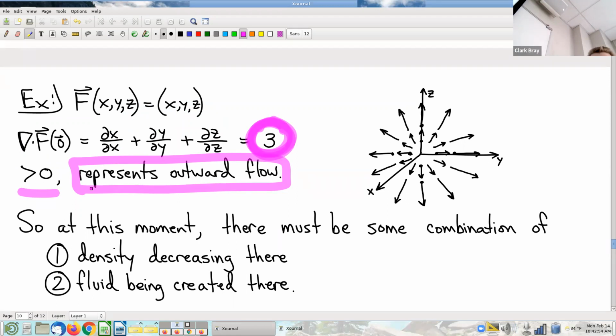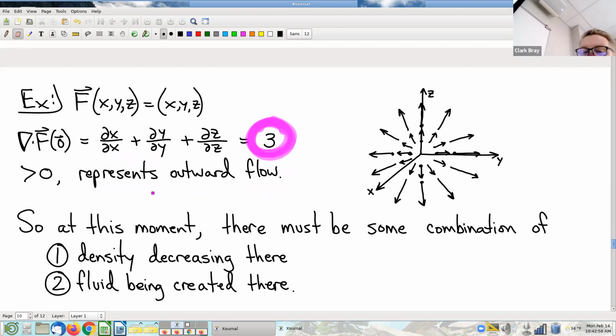But more than that, it's not just flowing out away only from the origin. Let's look at a different point. So for example, let's say right here, at that point, this vector field, well, there is some fluid flowing in toward the vicinity of that point. There is also field representing fluid flow outward.